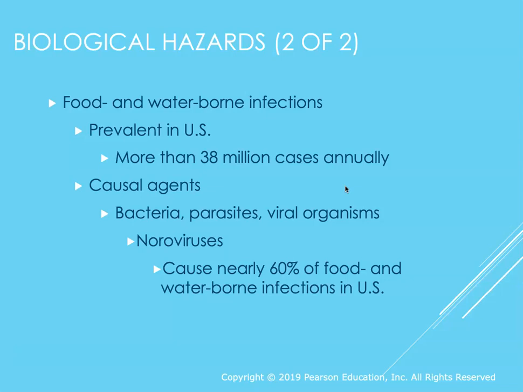Some of the causal agents are bacteria, parasites, and viral organisms. I mentioned flatworms; there are different types of parasites. They can be protists, they can be worms. So not only bacteria you want to think about here. An example here is noroviruses, which apparently cause nearly 60% of food and waterborne infections in the US.